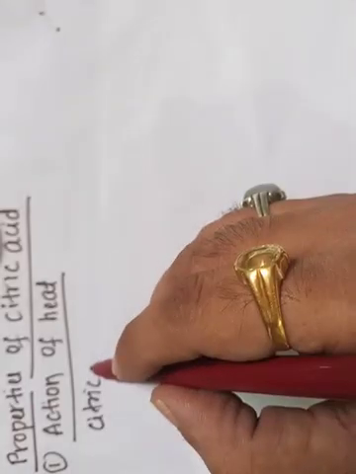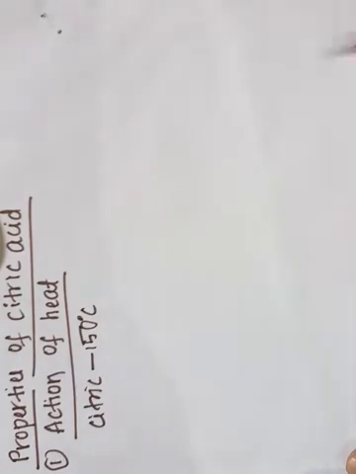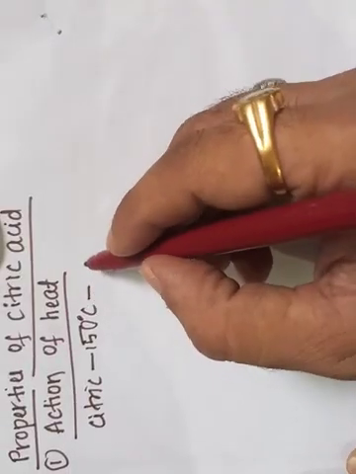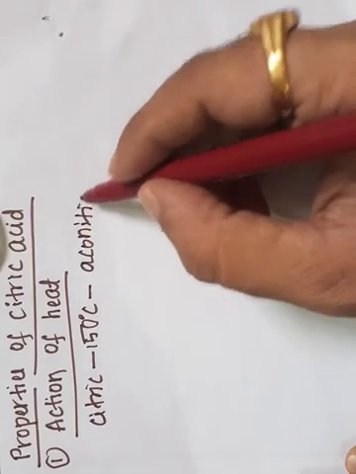Citric acid, when it is heated to 150 degrees Celsius, will form aconitic acid.